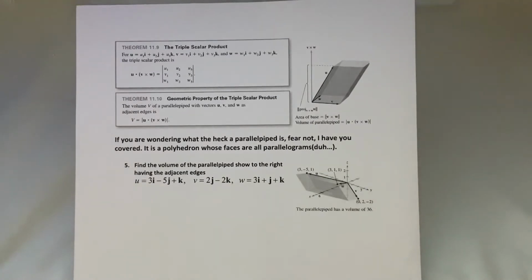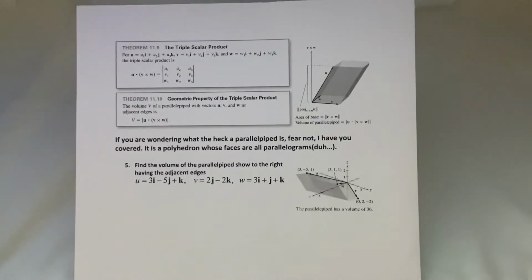Now there's a geometric property of the triple scalar product: the volume of a parallelepiped with vectors u, v, and w as adjacent edges is the absolute value of the scalar produced by this dot product and cross product.